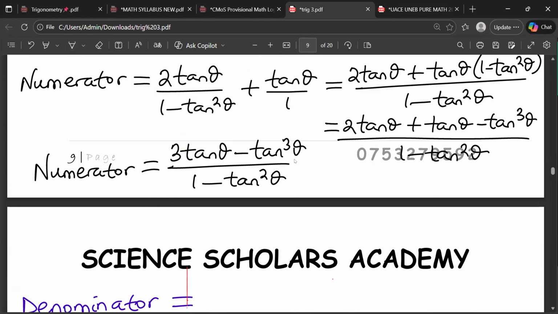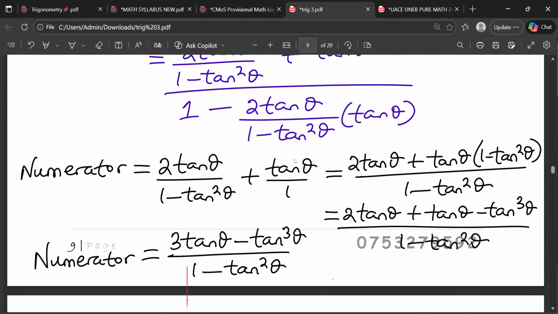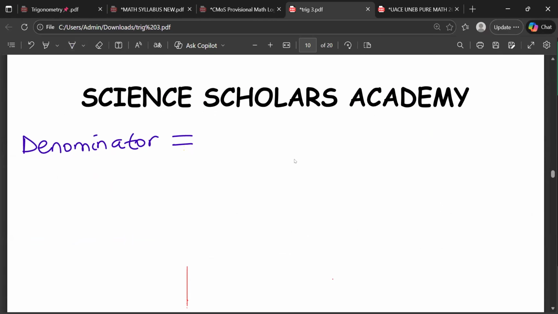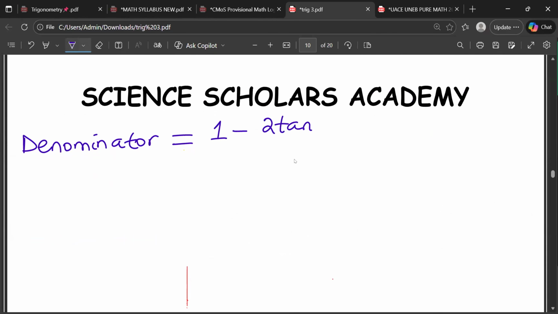This is alternative 1. For the denominator, you can see it is 1 minus 2 tan squared. This tan and this tan give us tan squared. Then we shall have 1 minus tan squared. So the denominator is 1 minus 2 tan squared theta, out of the 1 minus tan squared theta.